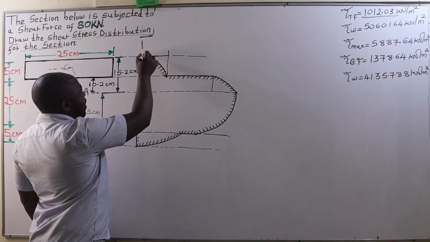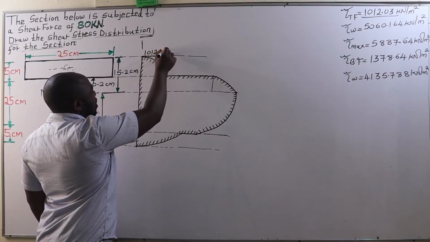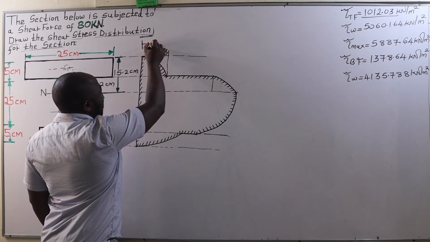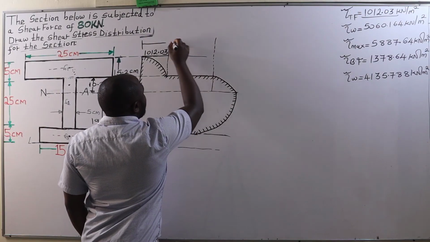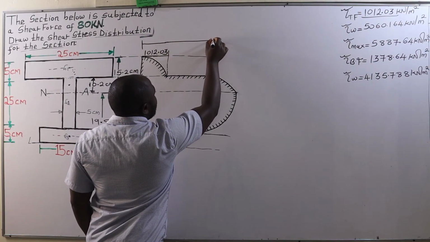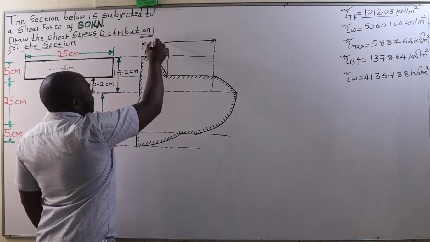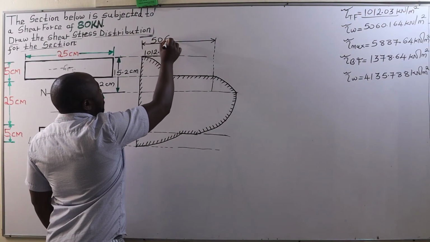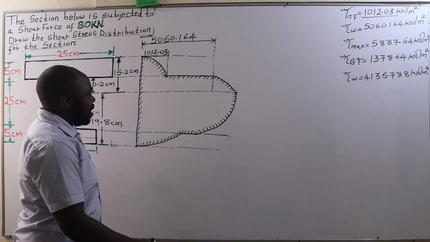This one is 1012.03 units, and then increases to 5060.164 units.